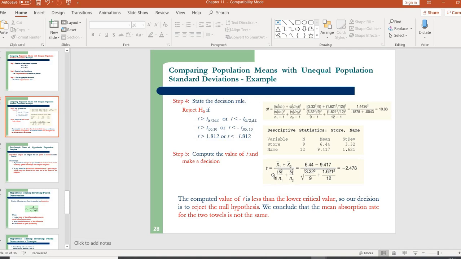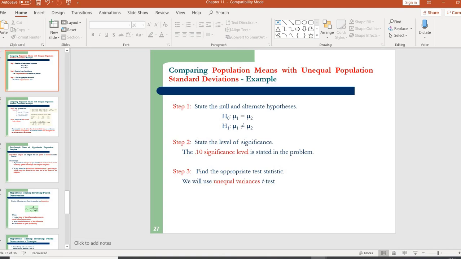We can calculate the t by taking the sample mean 1 minus the sample mean 2, over the square root of the variance of sample 1 divided by n1 plus the variance of sample 2 divided by n2.